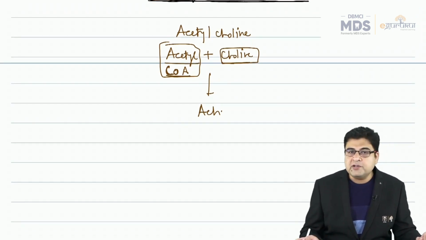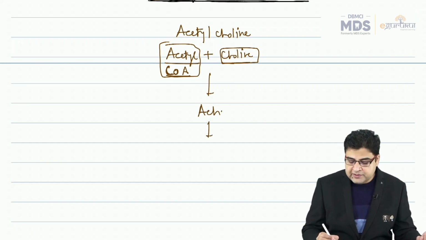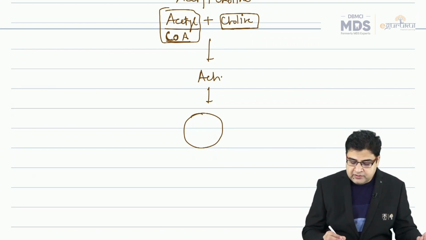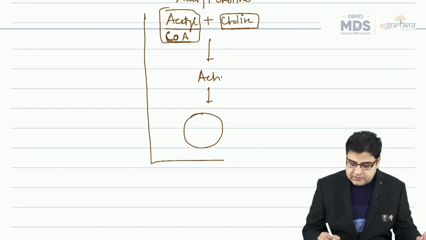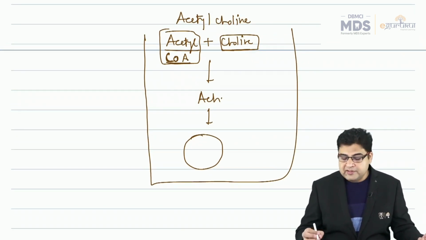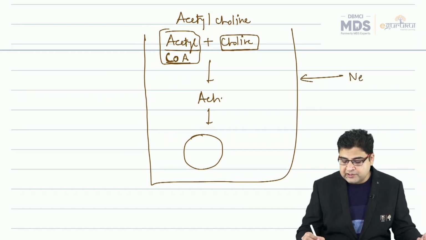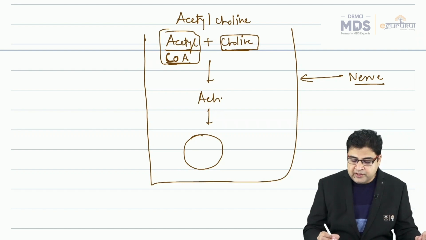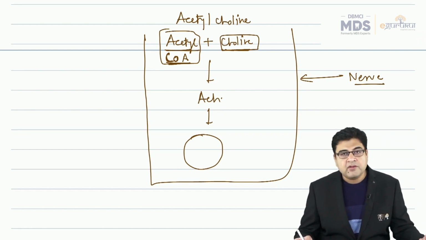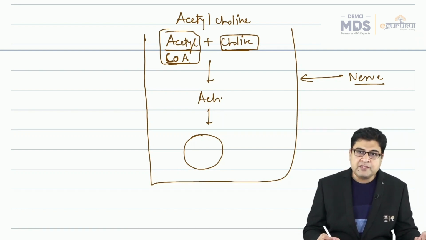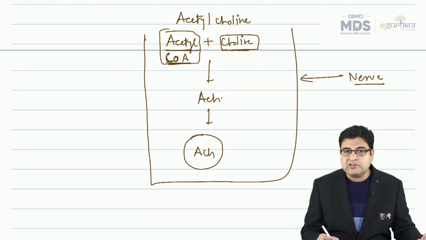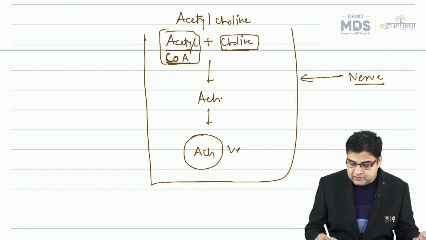Now, when this acetylcholine is formed in the body, it will be stored in a vesicle. If I say this is a nerve ending, this is a cholinergic nerve. In this cholinergic nerve, acetyl combines with choline and forms acetylcholine. Now this acetylcholine is shifted to this structure, the vesicle.